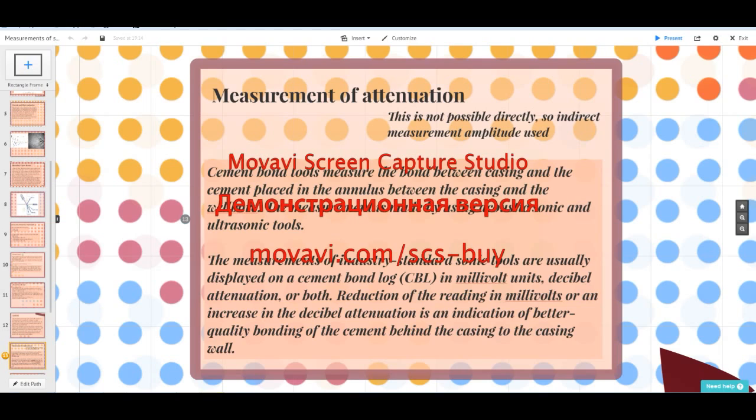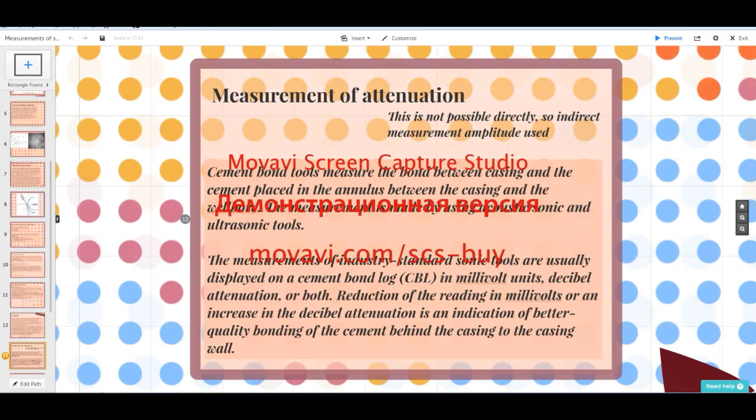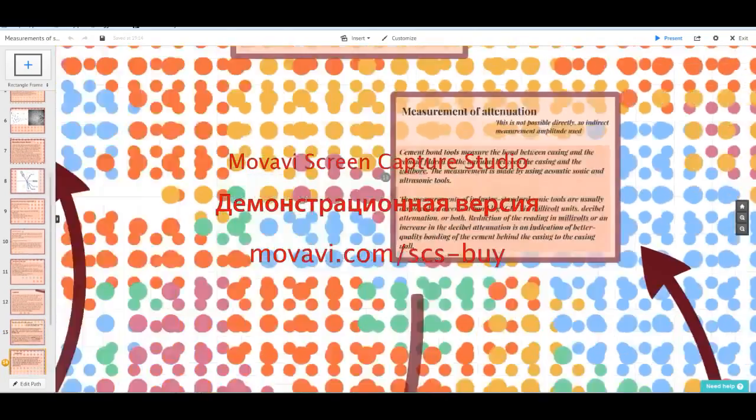The measurements of industry standard sonic tools are usually displayed on a cement bond log in millivolt units, decibel attenuation, or both. Reduction of the reading in millivolts or an increase in the decibel attenuation is an indication of better quality bonding of the cement behind the casing to the casing wall.